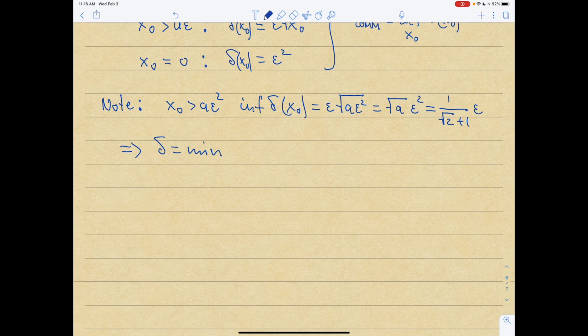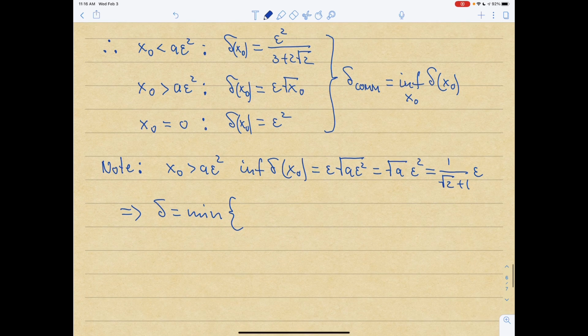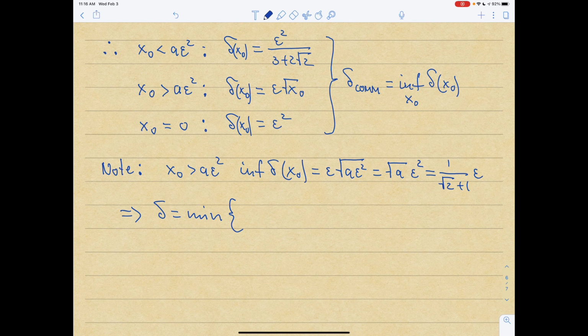So it's a minimum of epsilon a times epsilon squared, epsilon squared over 3 plus 2 radicals of 2, epsilon squared over square root of 2 plus 1, and then just plain old epsilon squared. And which one here is the smallest?